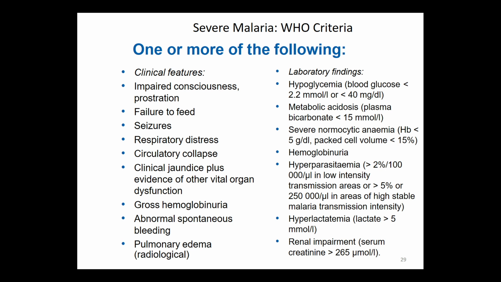Again, criteria of the World Health Organization for severe malaria. One or more of the following clinical features: impaired consciousness, prostration, a sign of starting coma, failure to feed, seizures, respiratory distress syndrome, circulatory collapse, clinical jaundice plus evidence of other vital organ dysfunction, gross hemoglobinuria, abnormal spontaneous bleeding, pulmonary edema, which may be diagnosed radiologically.